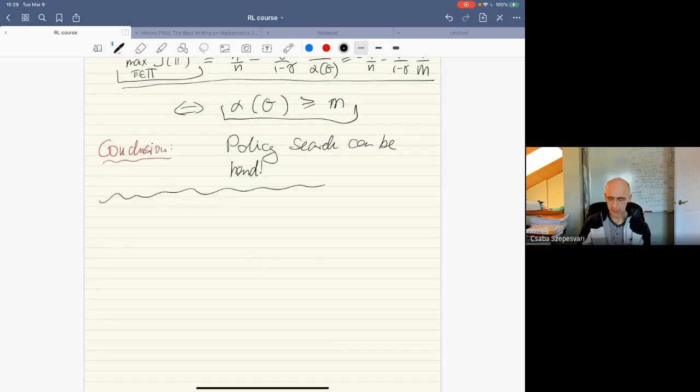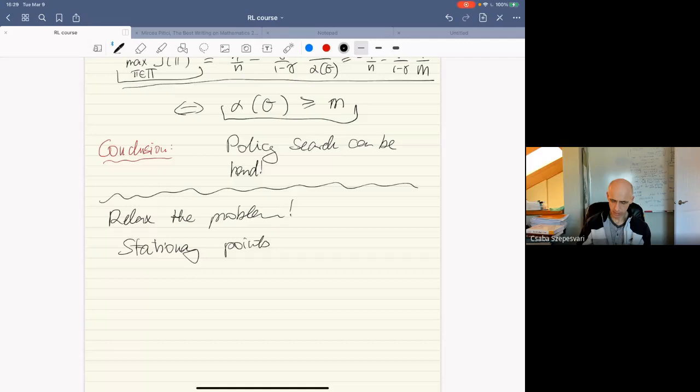So we can relax the problem and just look for stationary points of the objective function within our function class, within our policy class.